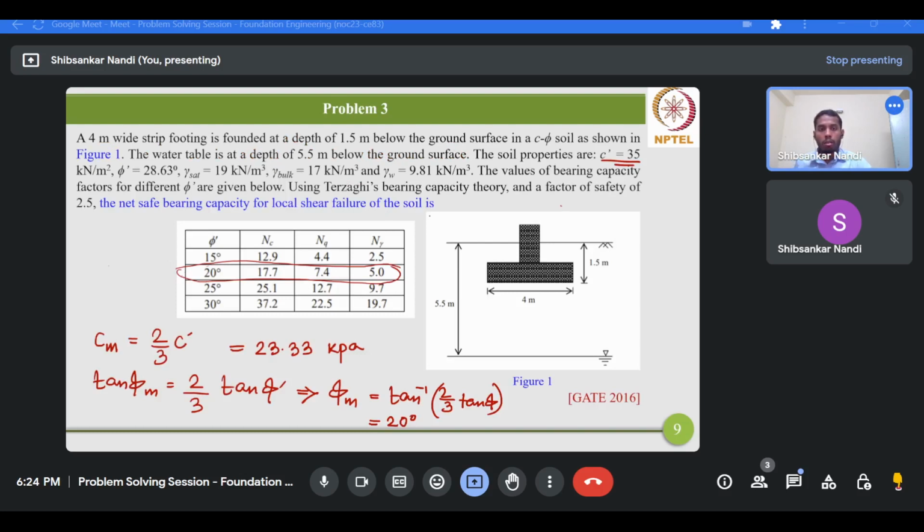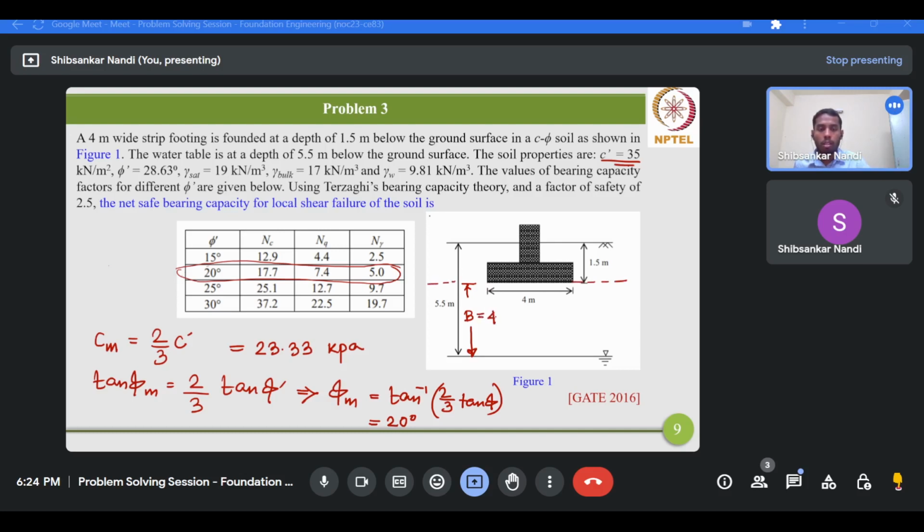Now the water table location, as mentioned in this problem, is at a depth of 5.5 meters from the ground surface. Now, what is the influence zone? The influence zone is of depth B from the foundation level. What is the value of B?